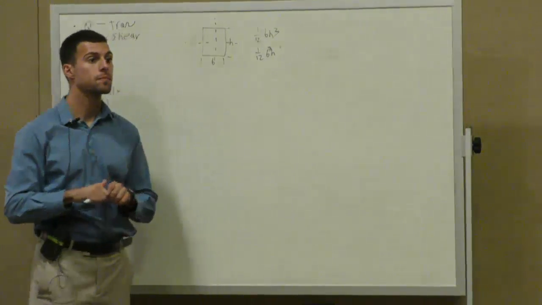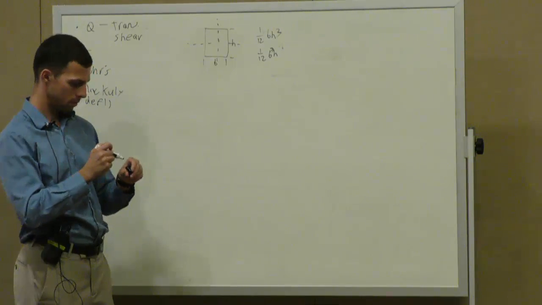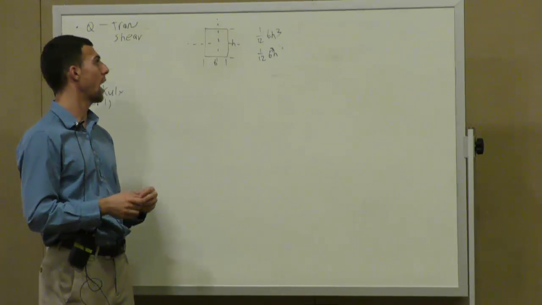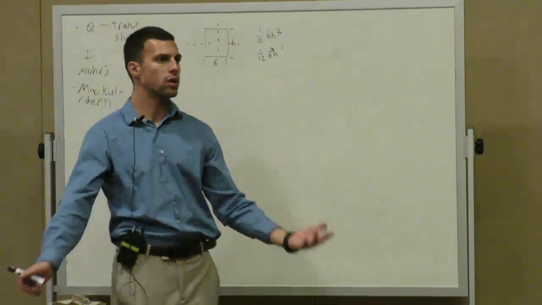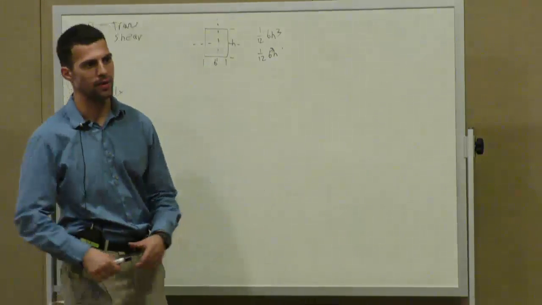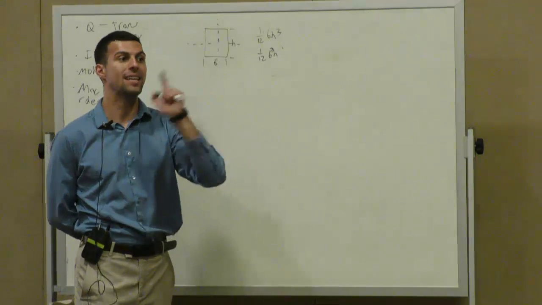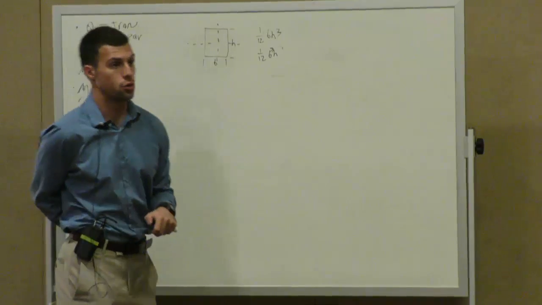Yes? How do we know what axis to use? First of all, where do we see I's? Where do they pop up in this class? Bending and transverse shear. And you mentioned the neutral axis.